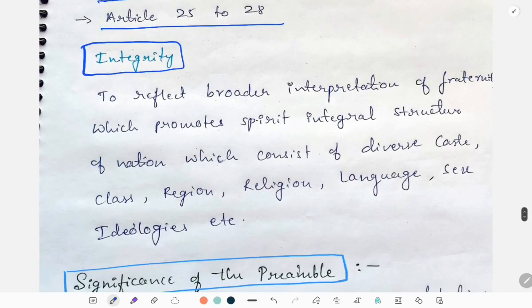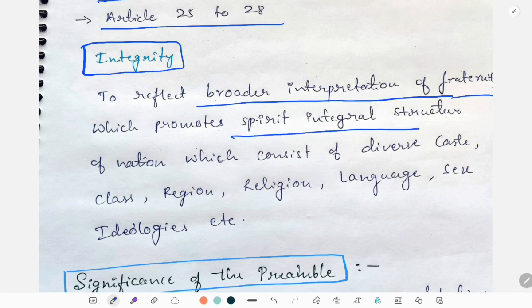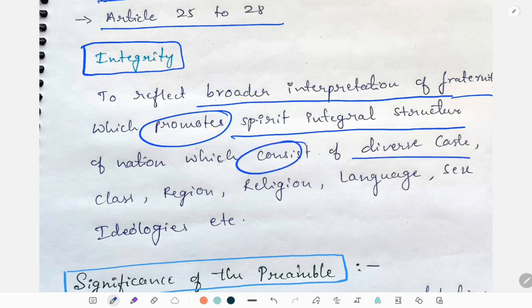Next, integrity. Integrity reflects a broader interpretation of fraternity, which promotes the spirit of an integral structure of the nation, which consists of diverse caste, class, religion, region, languages, sex, etc., and ideologies also.